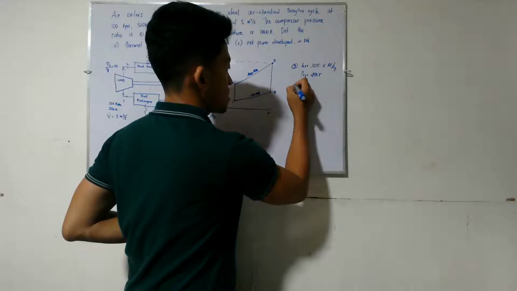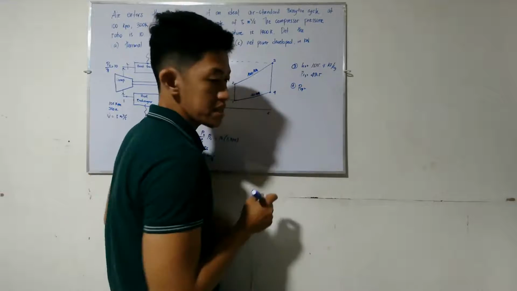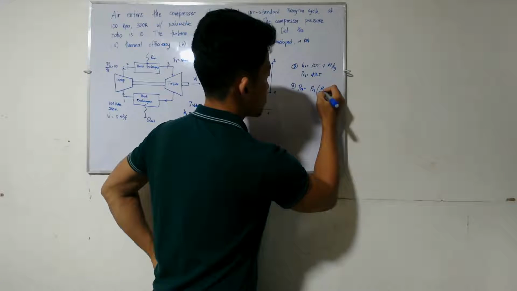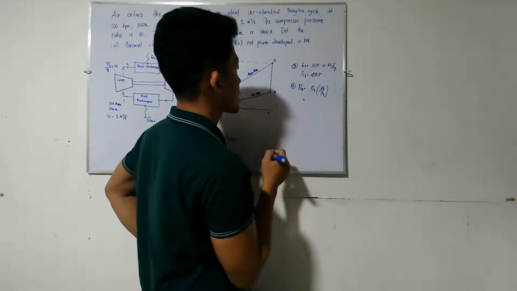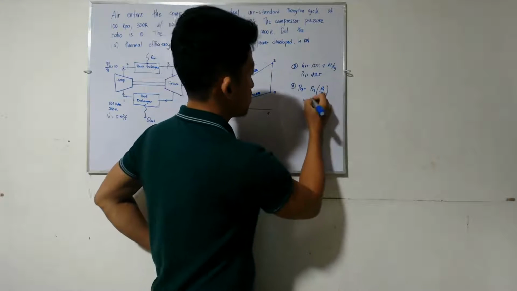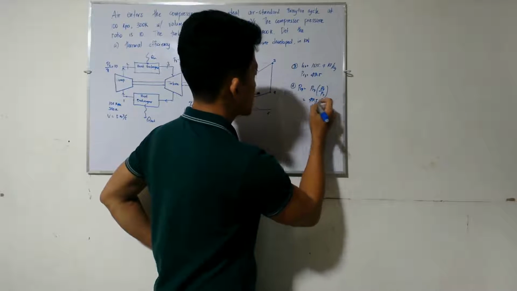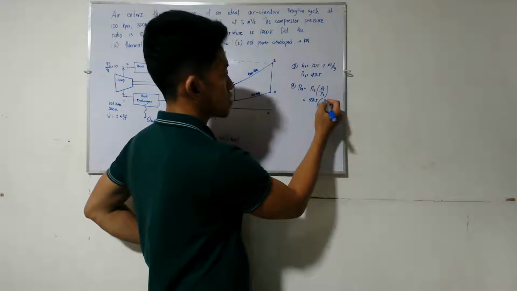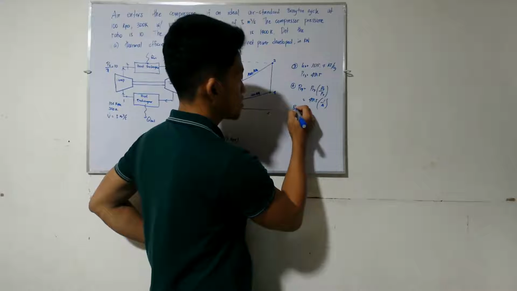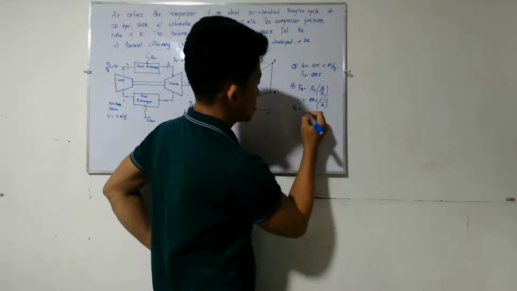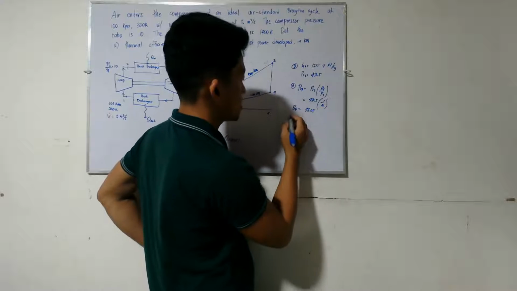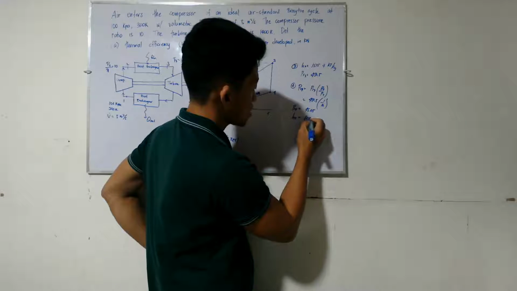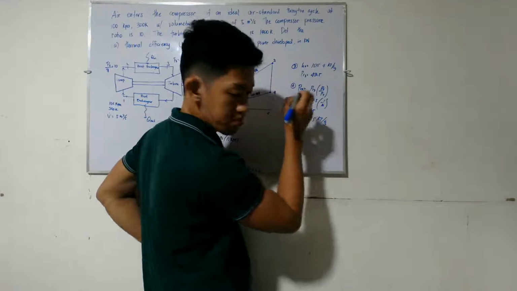Okay, for state 4, we can determine the enthalpy by getting the pseudo-reduced pressure. PR4 over PR3 is P4 over P3. So this is just 100 over 1000 or 1 over 10. Therefore, PR4 is just 45.05. Okay, and H4 is 808.5 kilojoule per kilogram.